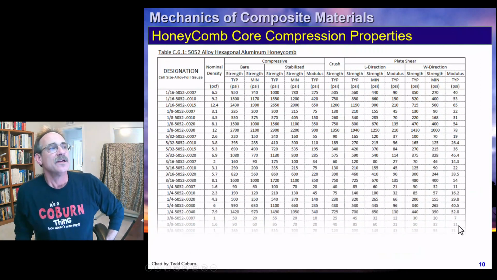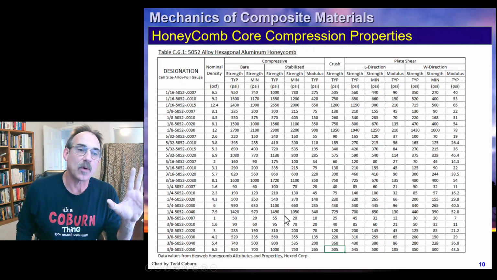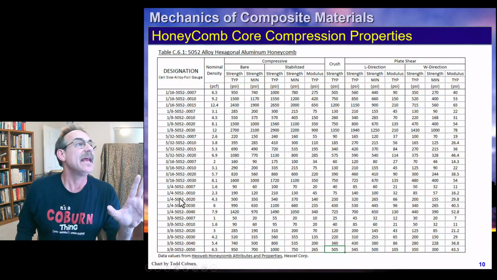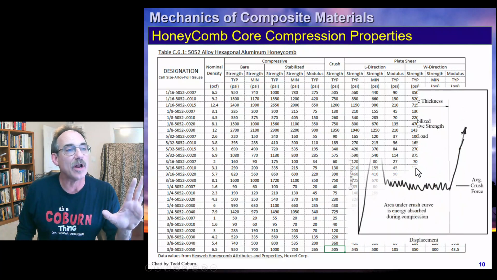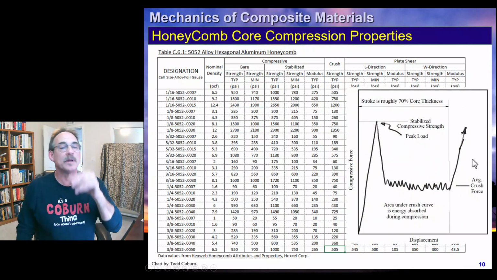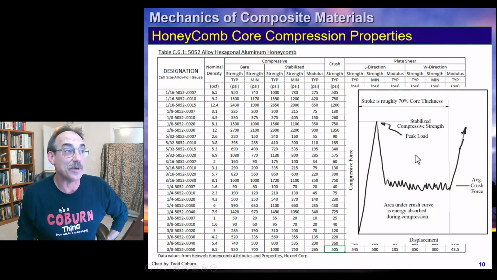Okay, so this is what we showed last time. These are properties for one family of honeycomb from Hexcel out of their booklet, and we can see the different designations of core. We're going to drill down on what this means versus our crush graph that we just talked about.